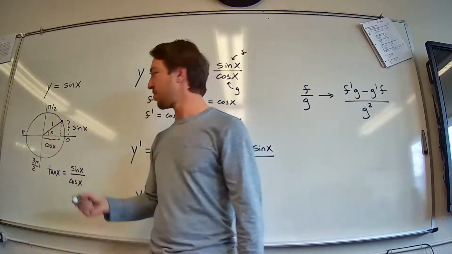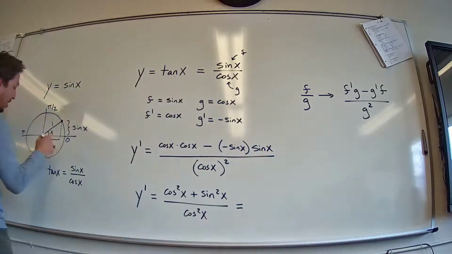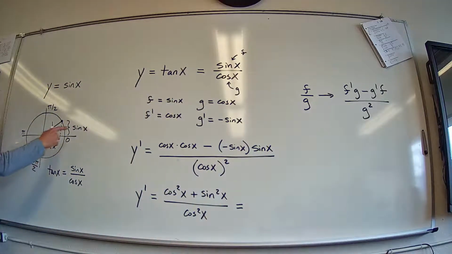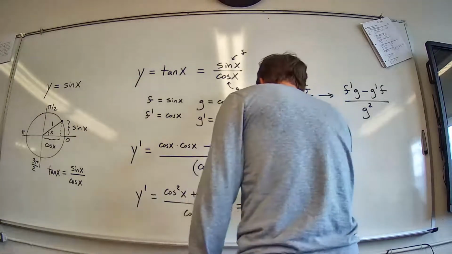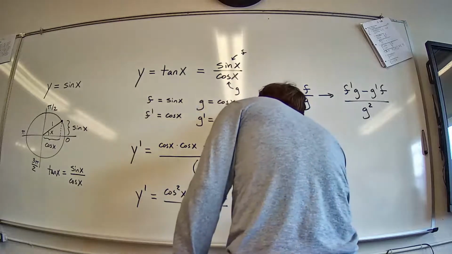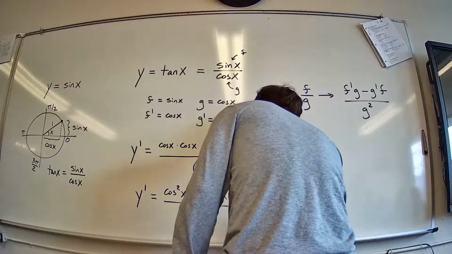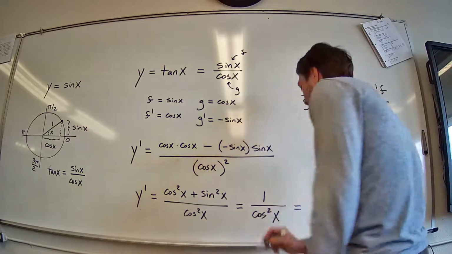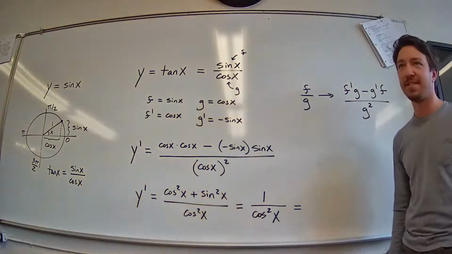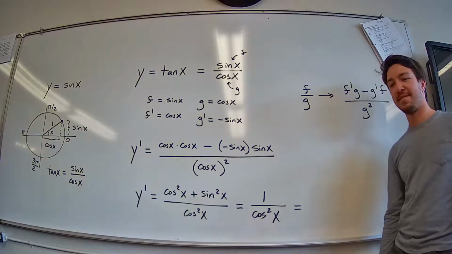It says that cosine squared plus sine squared equals 1 squared. So this top here is the number 1. And then last thing, it's scary.